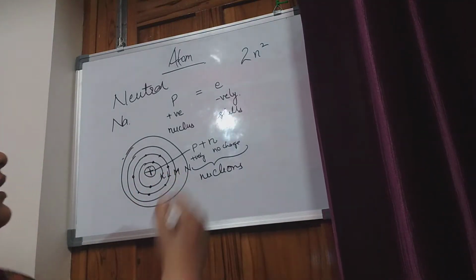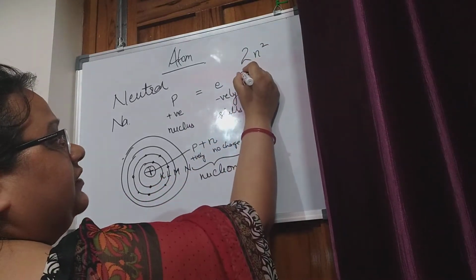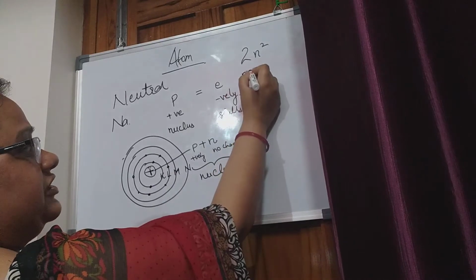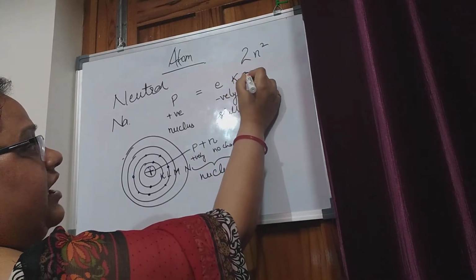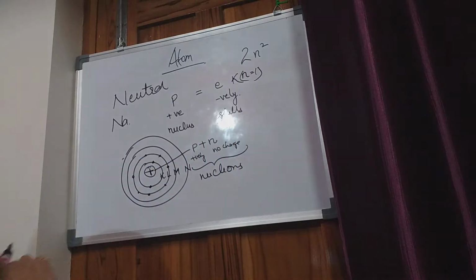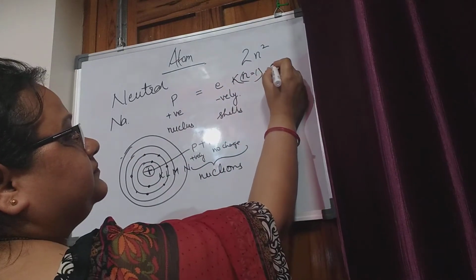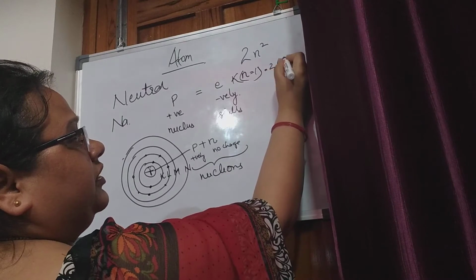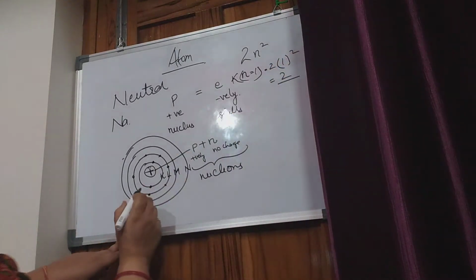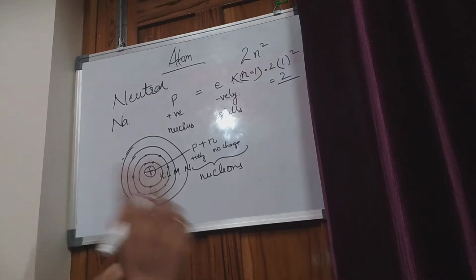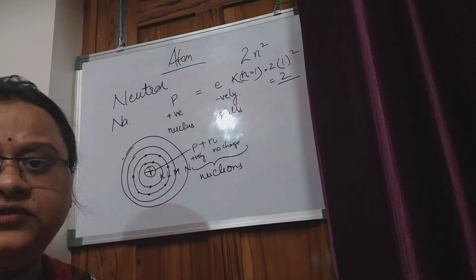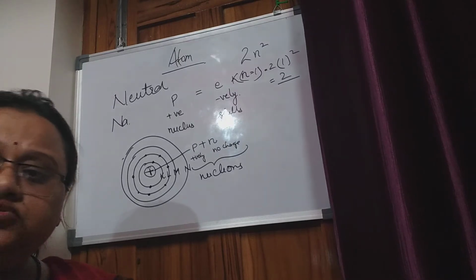Here n is the number of the shell. If you are talking about the K shell, it will have n equals to 1. If the K shell has n equals to 1, it means 2 into 1 square, which equals 2. It means the K shell can have a maximum of 2 electrons only, because it is the smallest shell. So it can accommodate a maximum of 2 electrons.